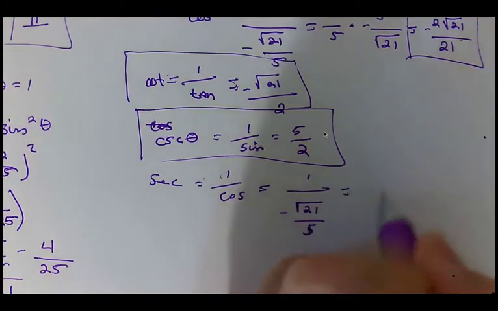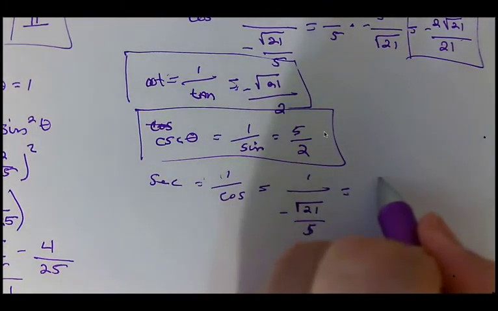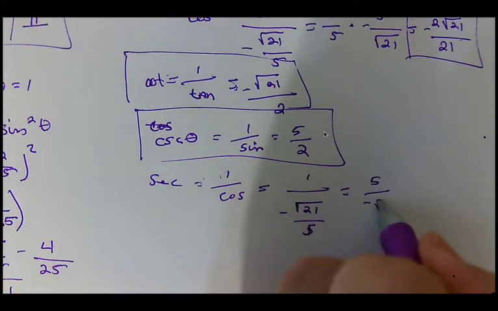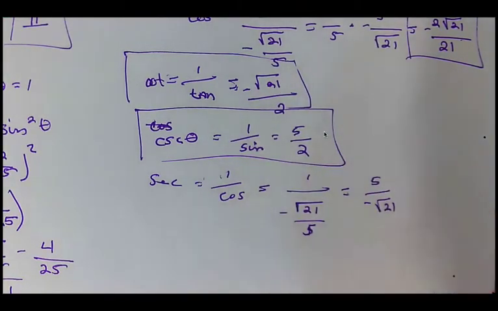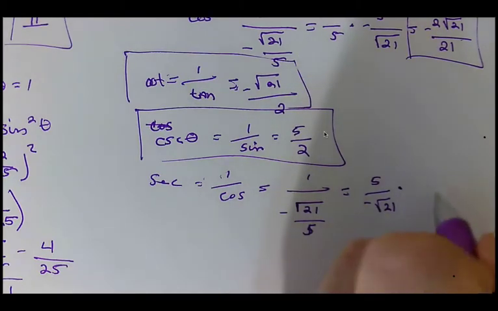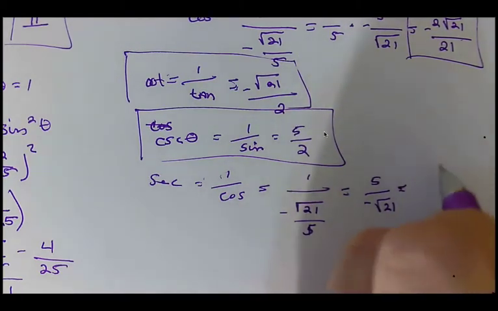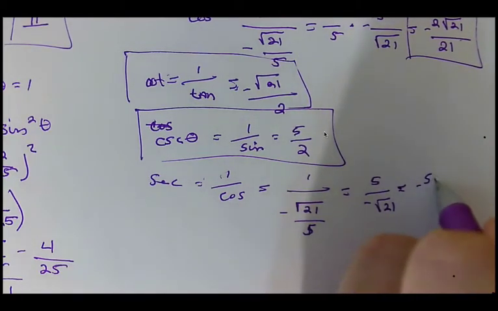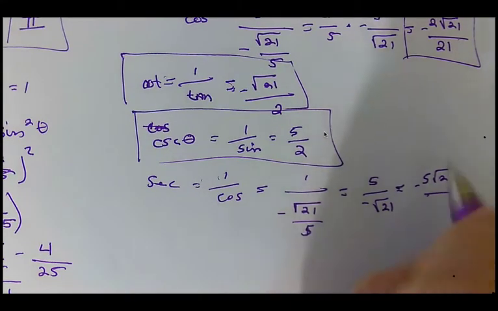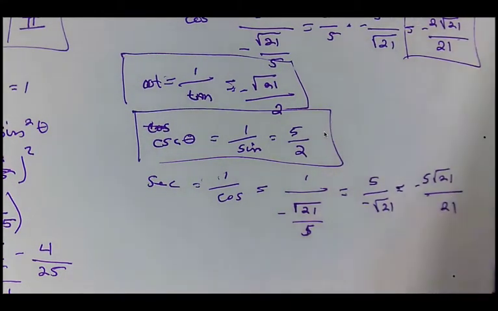If we solve this out, it becomes negative 5 over the square root of 21. Therefore, this is equal to negative 5 square root of 21 over 21.